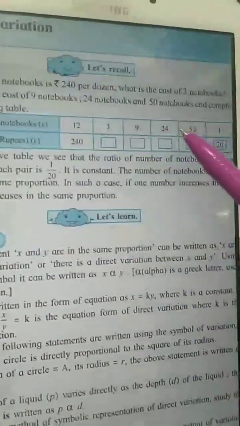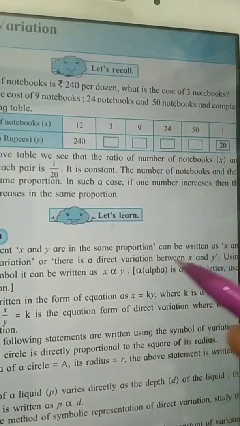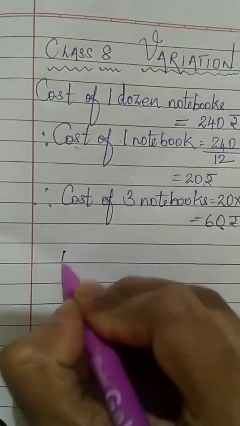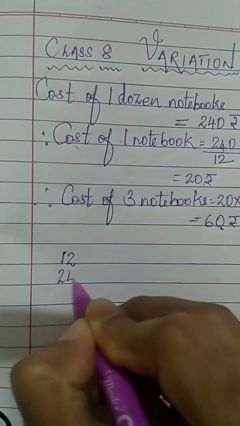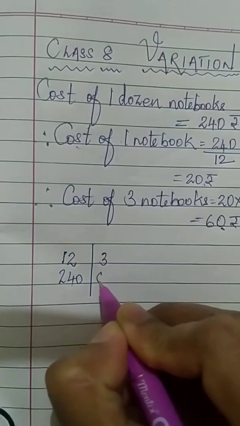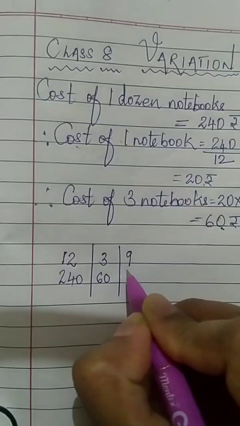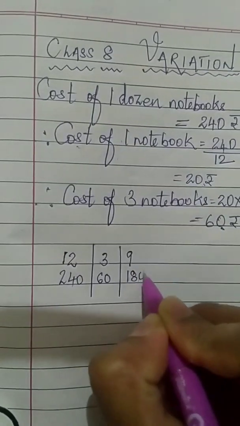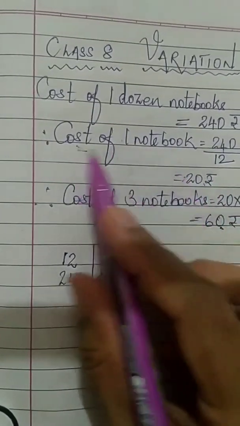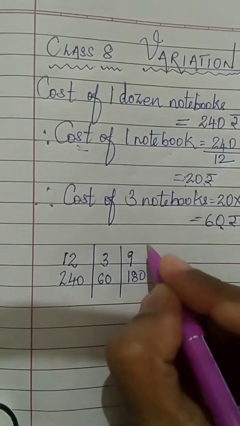What will be the cost of 24 notebooks? So, I'll just make a box and I'll write the numbers appropriately. So, you have 12, 240. For 3 notebooks we got 60. For 9 notebooks cost will be 180. 9 into 20, no? 1 notebook 20 rupees. So 9 notebooks, 20 into 9.